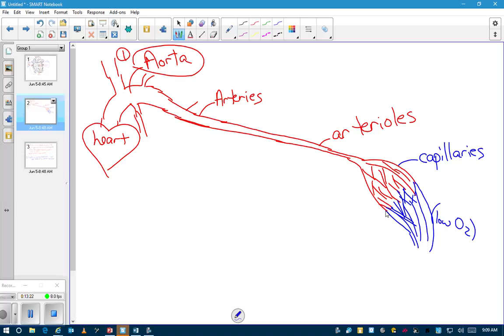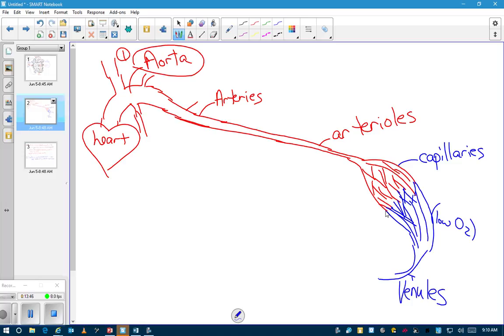And the smallest little veins are called venules. Venules. Hopefully, yes. What, sorry? Arterioles? What did you say?